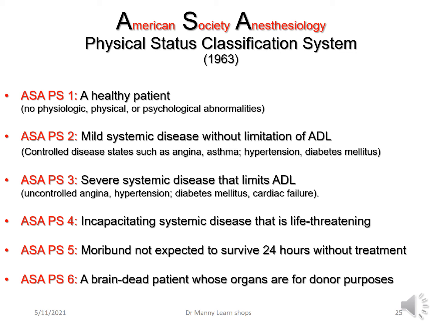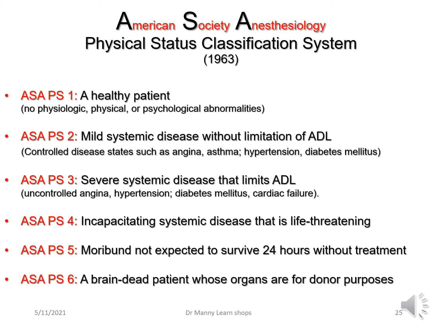ASA Physical Status 1 means you're healthy. You've got no physiological, psychological, physical abnormalities. You're a healthy person, which means that if you have the procedural sedation, you shouldn't develop any potential problems. You should have the procedure and nothing should happen.